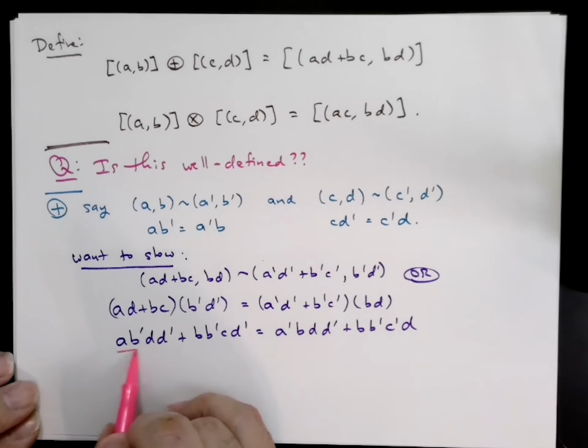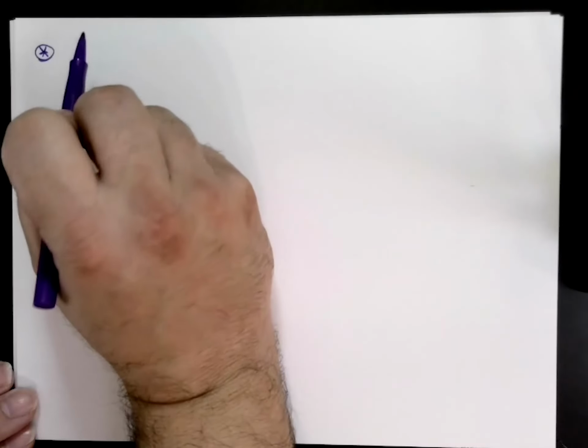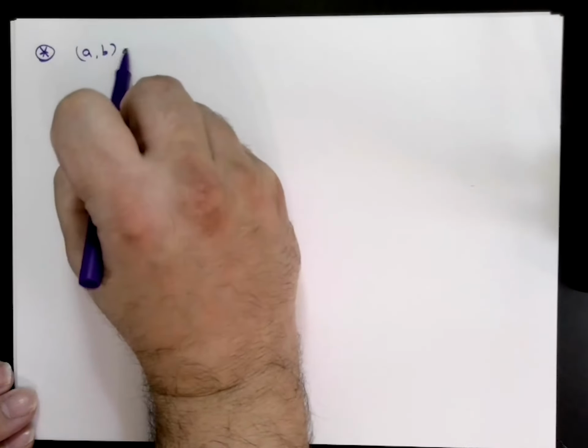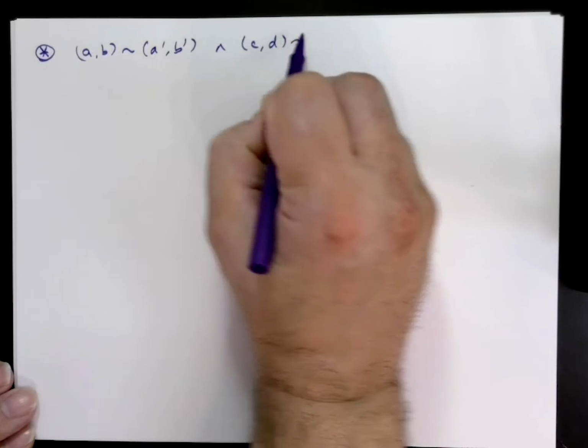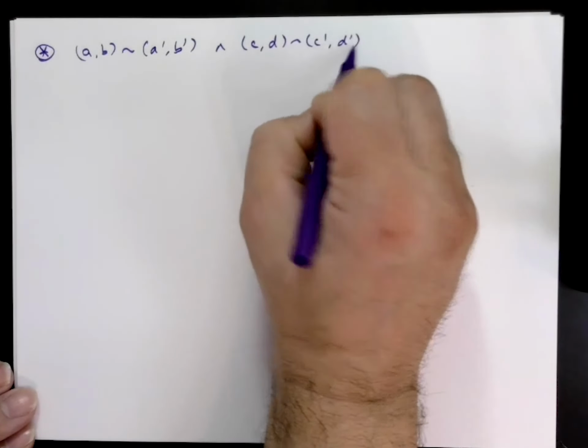Now let's prove that the multiplication, the circle star, is well defined. So let's assume that (A, B) is equivalent to (A', B'), and (C, D) is equivalent to (C', D'), which again means AB' equals A'B, and CD' equals C'D. We want to show that the pair (AC, BD) is equivalent to (A'C', B'D').